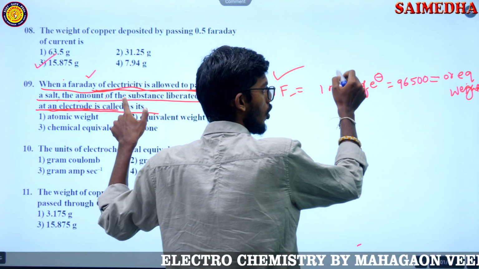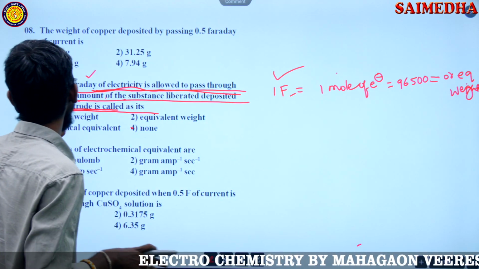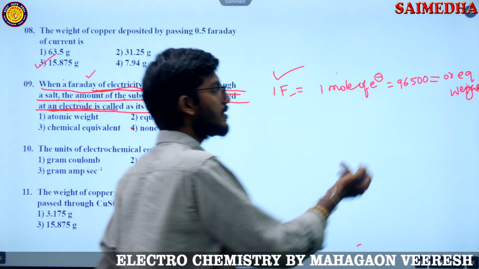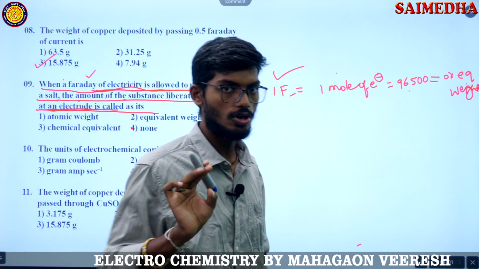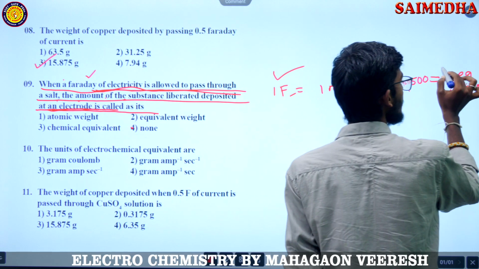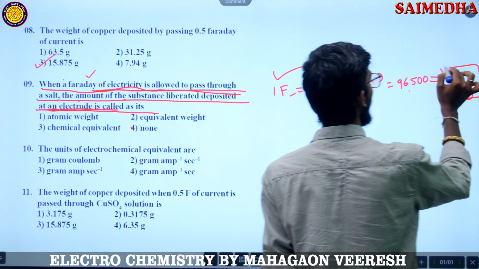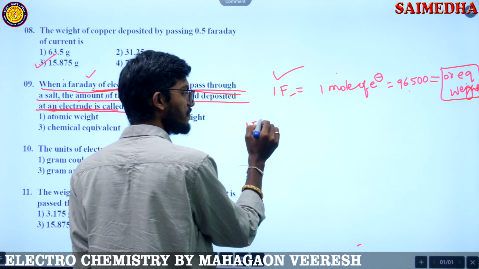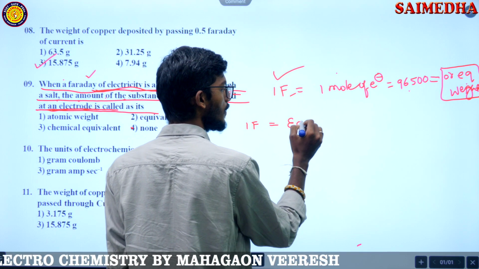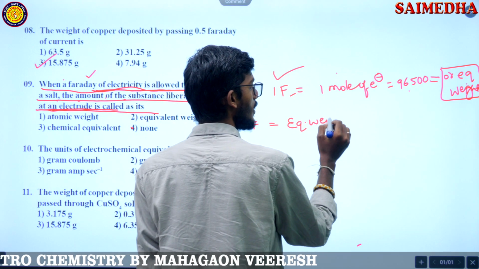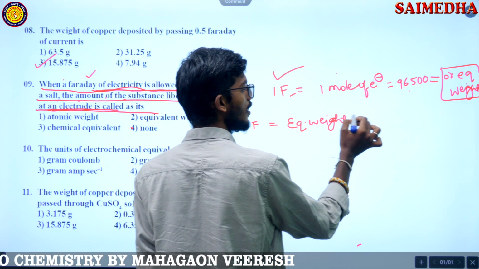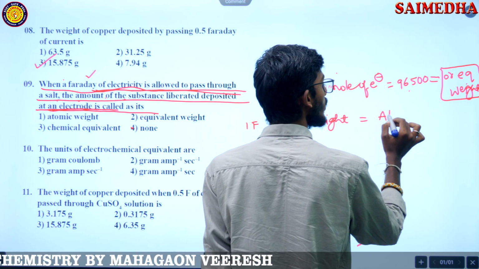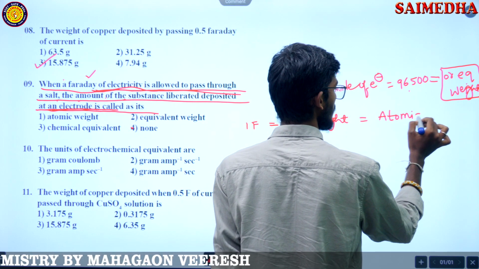So this is 1 mole of electrons, so not the answer. At an electrode, see 96,500, this is also electricity. So that is also not the answer. Which weight is it giving? Equivalent weight. Always remember, 1 Faraday will give you equivalent weight. Then equivalent weight is equal to atomic weight by valency.